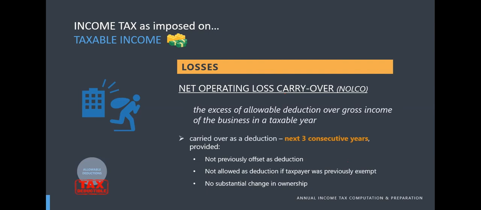In case at the end of 2021, company A has a resulting taxable income of 1 million, the amount of net operating loss during 2020 cannot be carried over as a net operating loss for 2021. So the taxable income for 2021 will still remain as 1 million. So there is no benefit of NOLCO in that sense.